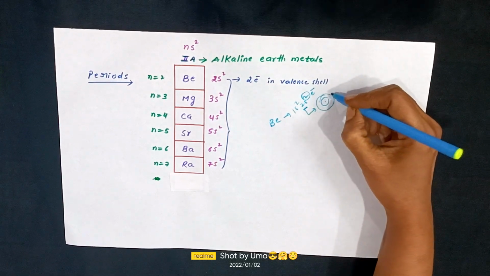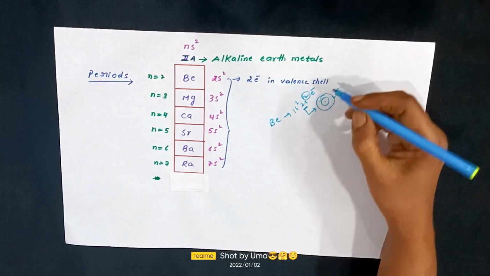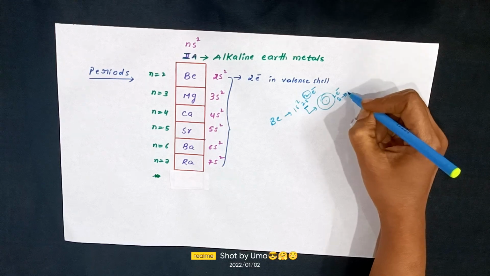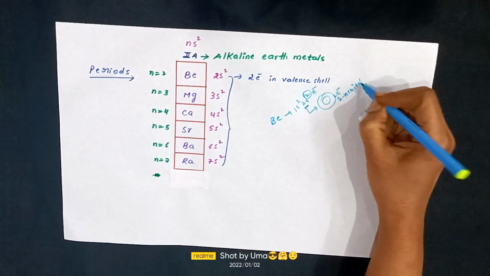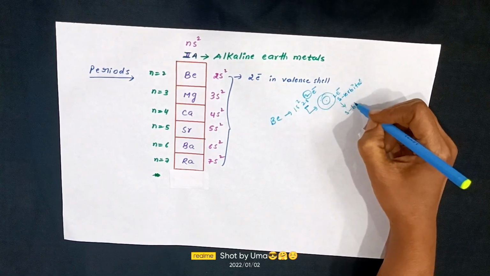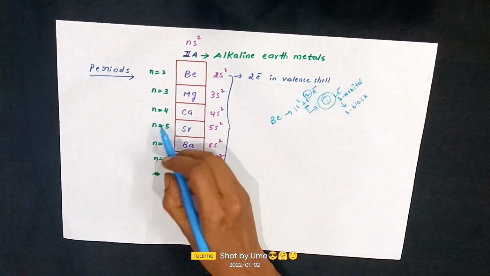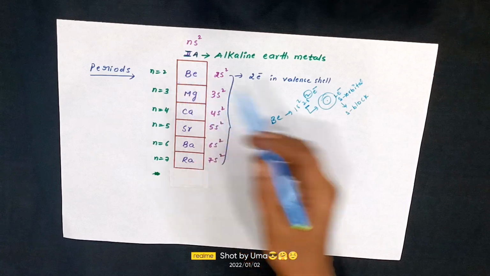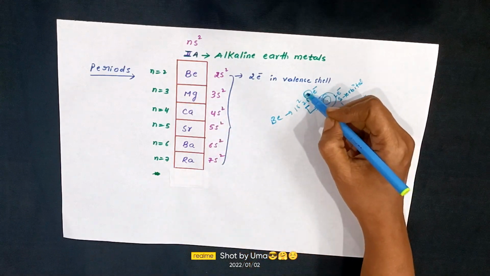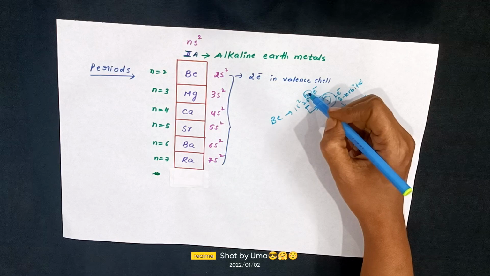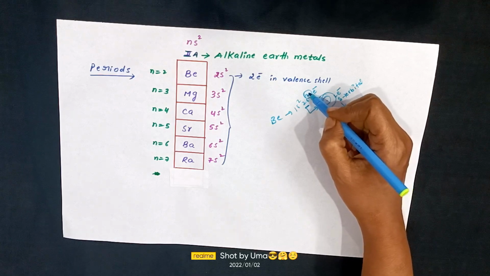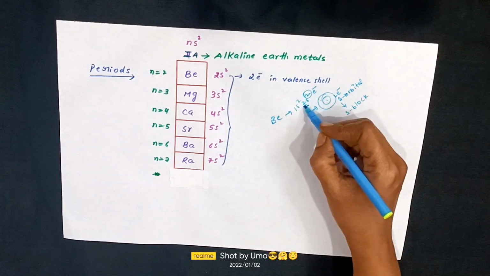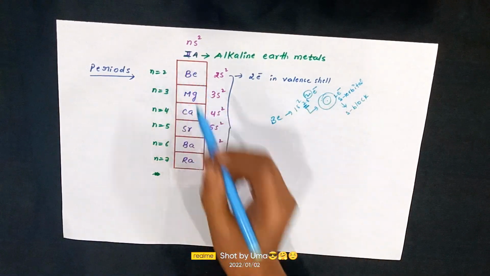The second orbit contains only 2 electrons, and they are present in the s orbital. So that's why it belongs to S block. Lithium is an S block element, and beryllium is an S block element, having only 2 electrons in its valence shell. So it belongs to the second group and the second period.